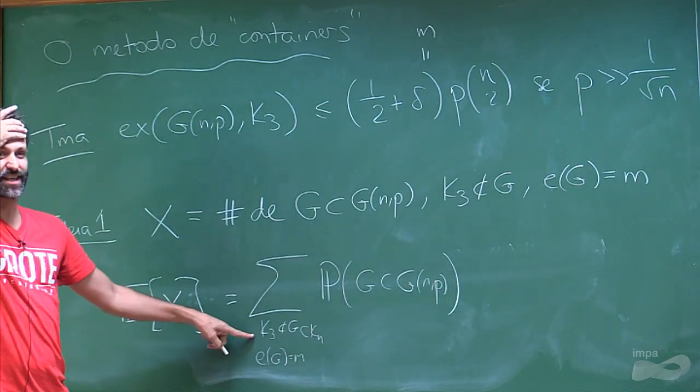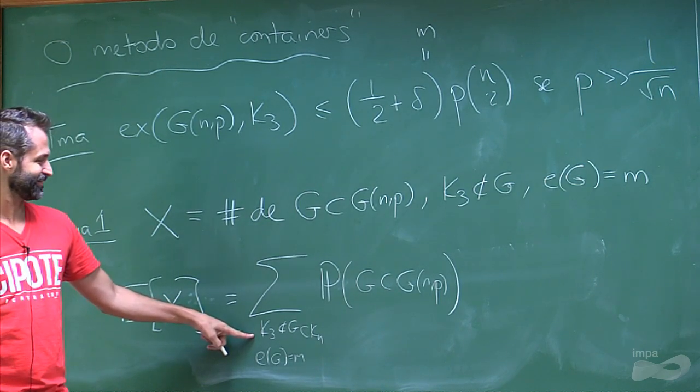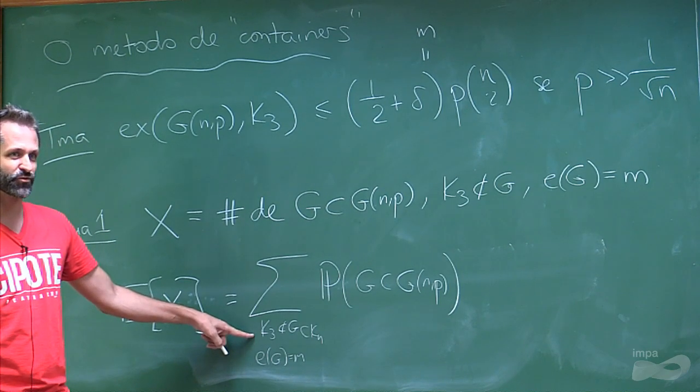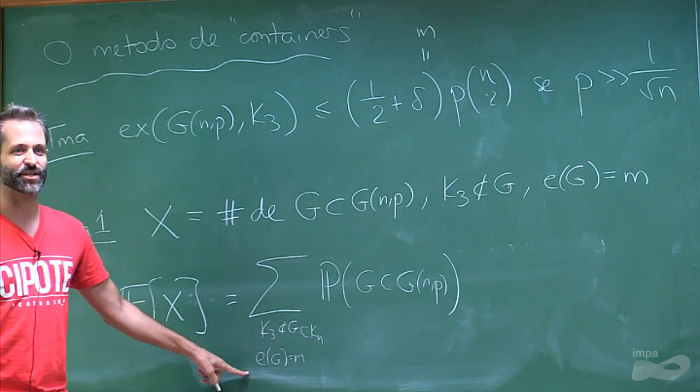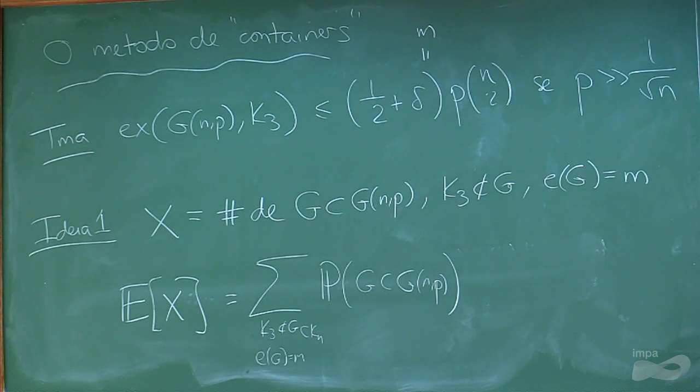Now, how large is this thing? How many triangle-free graphs are there with m edges? Well, our m is bigger than n to the 3 over 2, so Wuchak tells us that this is the answer.